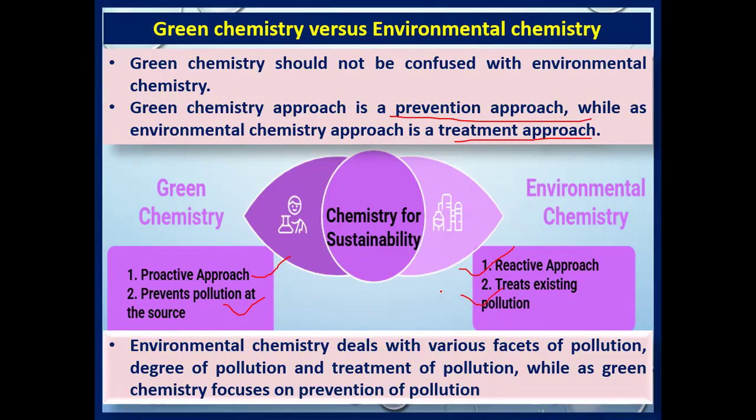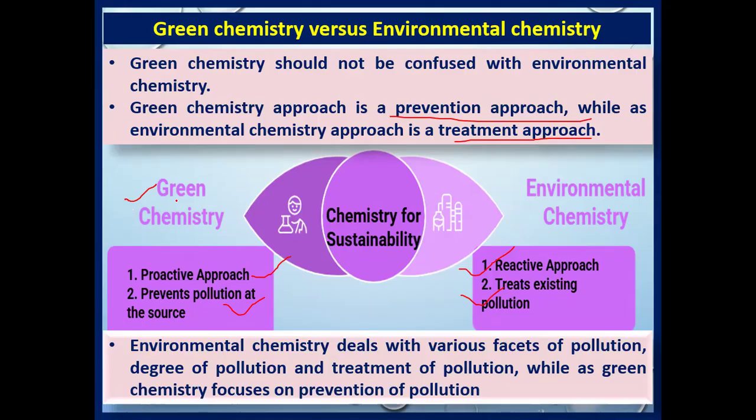That means after the pollution occurs, environmental chemistry focuses on treatment of that pollution, while green chemistry focuses on minimizing the pollution at the source itself. That means before toxic chemicals or harmful substances are released into the environment, green chemistry works before the pollution, while environmental chemistry works after the pollution. It treats the pollution, while green chemistry is the proactive approach. It minimizes the pollution before it occurs.